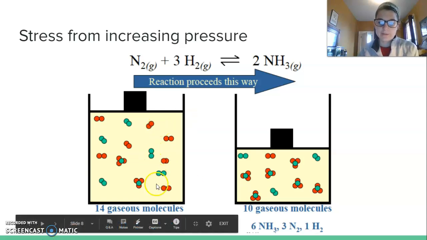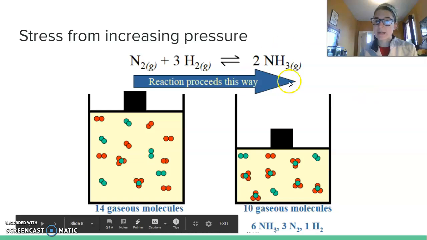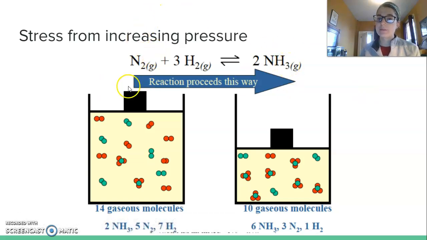So here we have 14 moles of gaseous molecules, and then here we have 10 moles or particles of gaseous molecules. So when we increase the pressure, the product side has fewer moles than the reactant side, so the reaction will proceed that way. Here, again, we have 14 gaseous molecules: 2 NH3, 5 N2, and 7 H2.